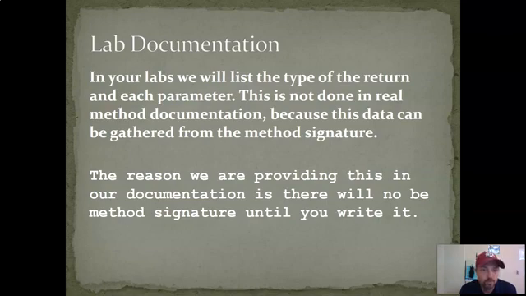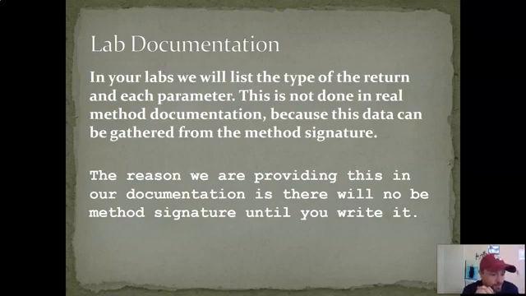The reason we are providing you this in our documentation is there will be no method signature until you write it. So if we ask you to write a method, when we give you the Java docs, we're going to tell you what all the types are because you won't already have the header of a method. Because we're not documenting something you wrote, we're giving you the documentation for you to write it.